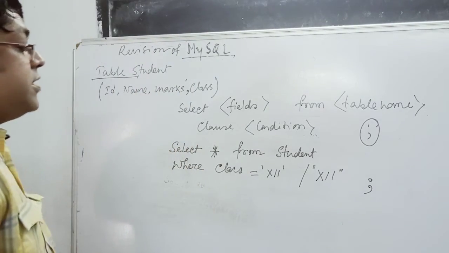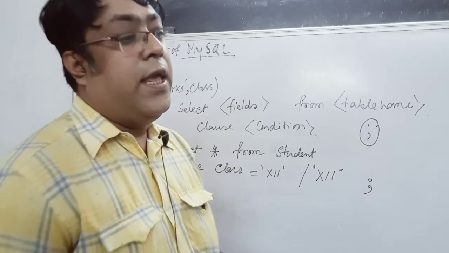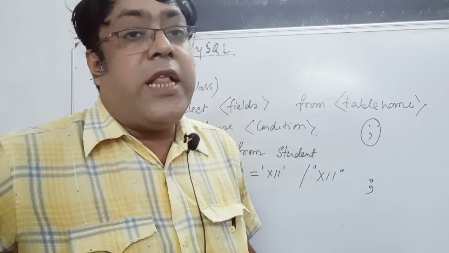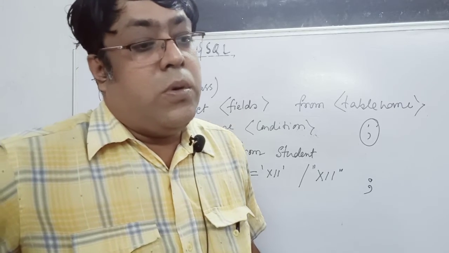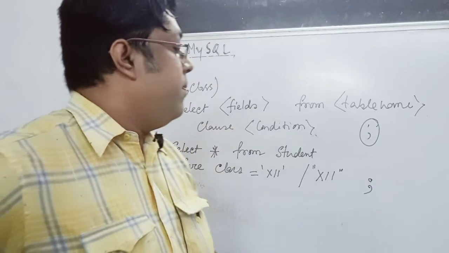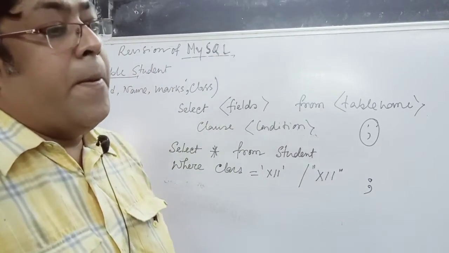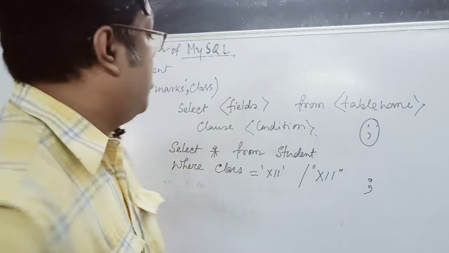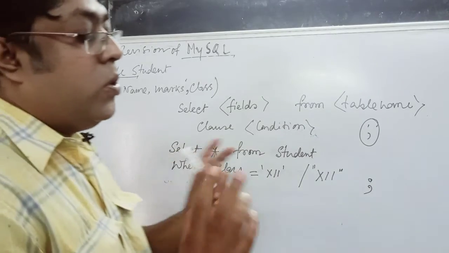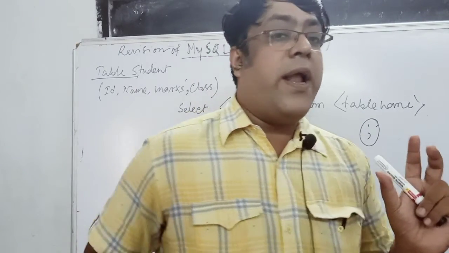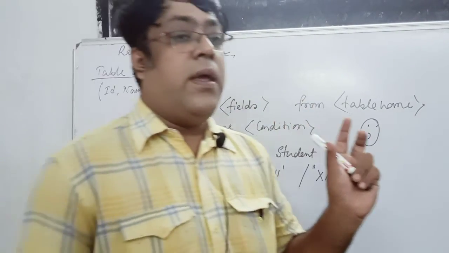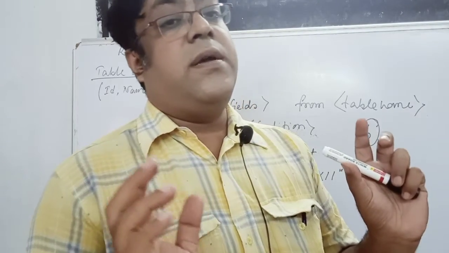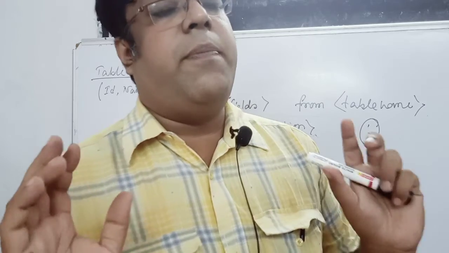Suppose we have to see the details of students in class 12 and marks above 80%. So we are using two conditions here: one is class must be 12 and marks must be greater than 80%.